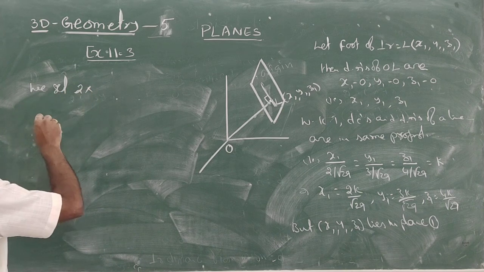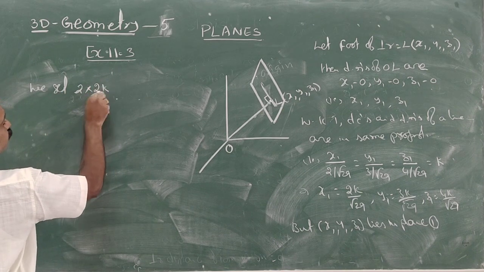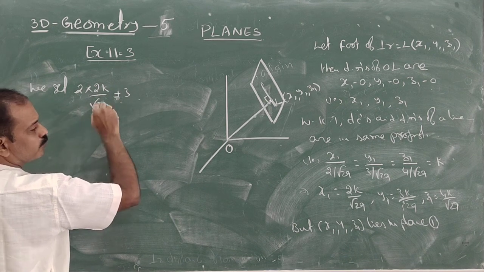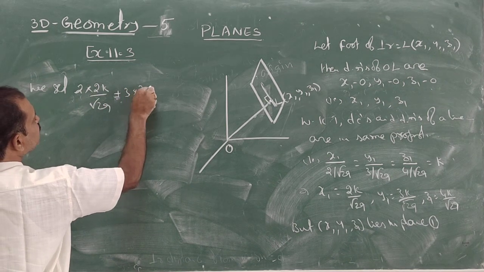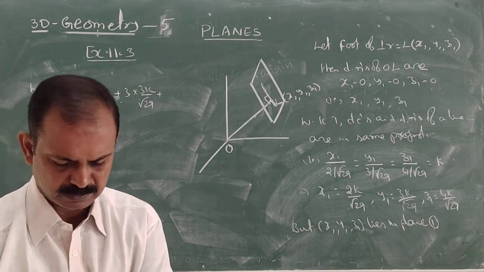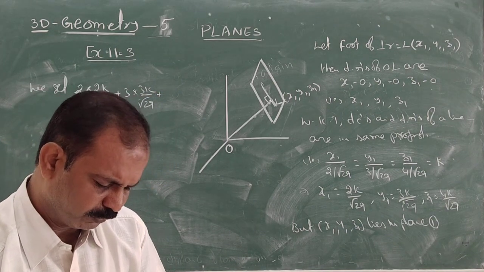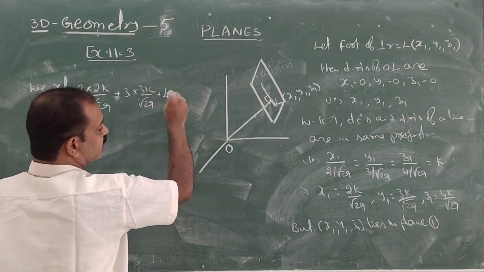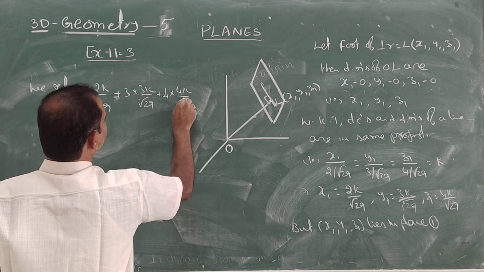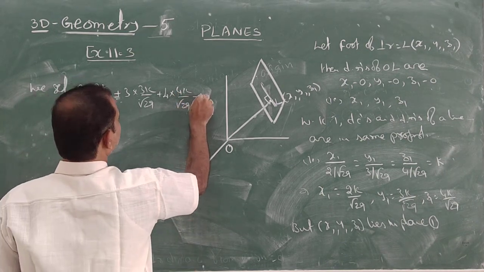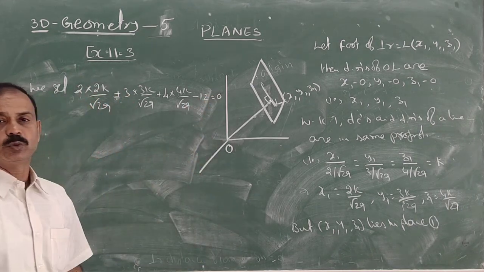2 into x1 is 2k by root 29, plus 3 into y is 3k by root 29, plus 4z, that is 4 into, when you substitute z value, this will be 4k by root 29, minus 12 is equal to 0.